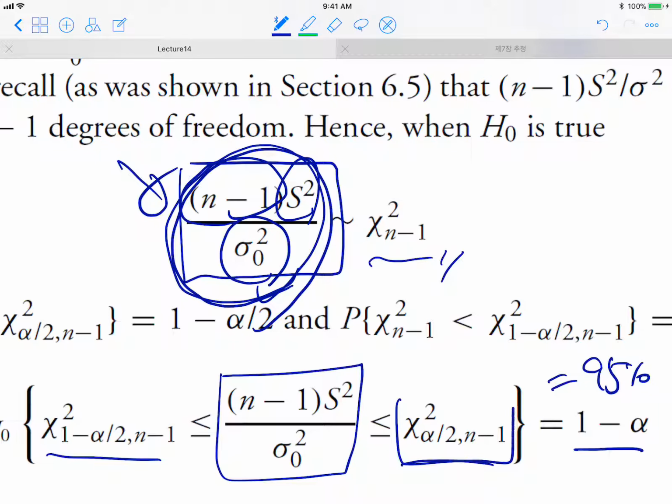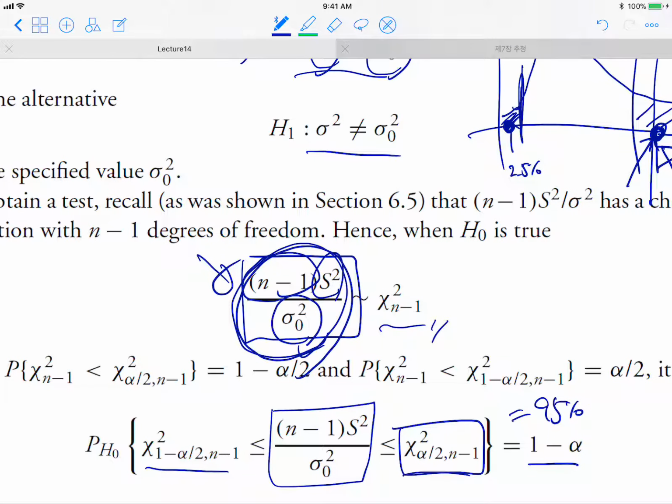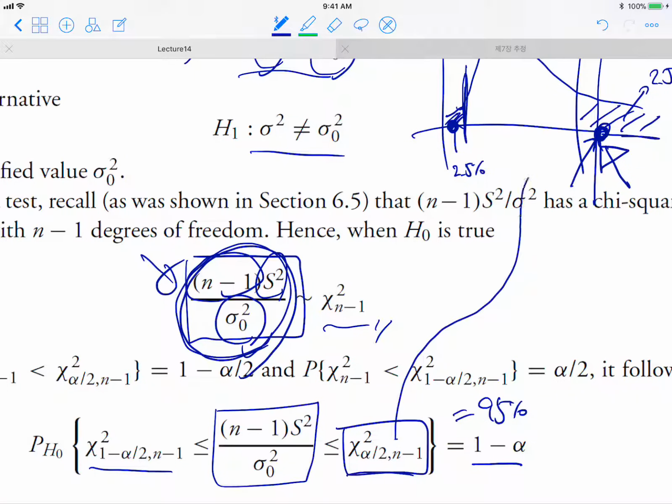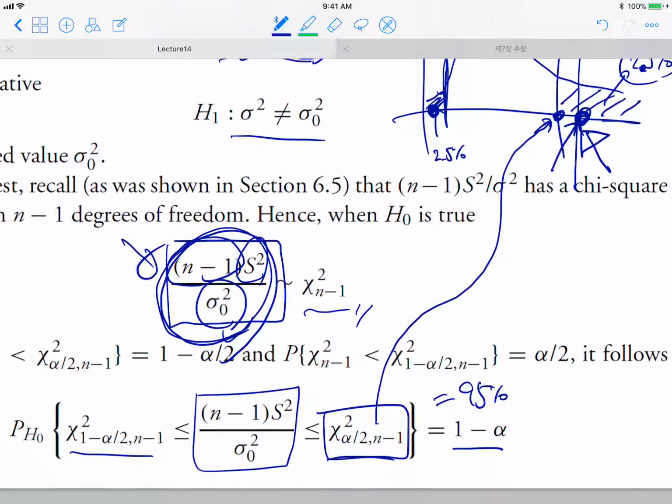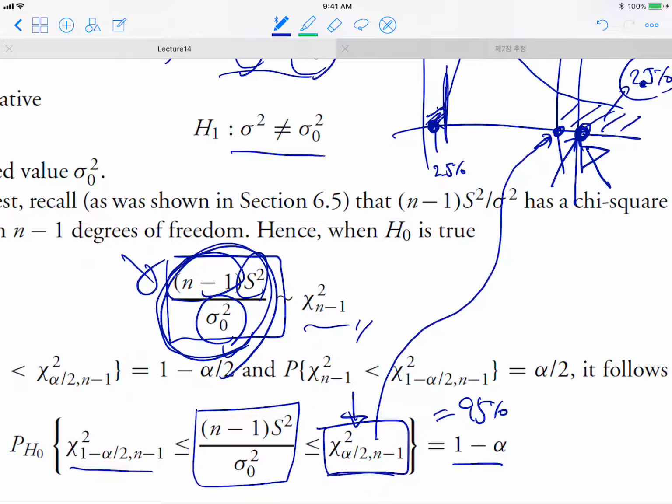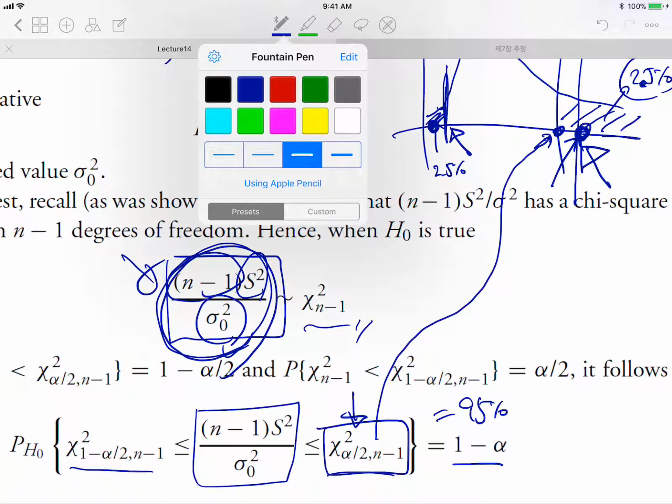And then what about this value? This one will correspond to this threshold value, with 2.5% of the probability. But what about this other value?